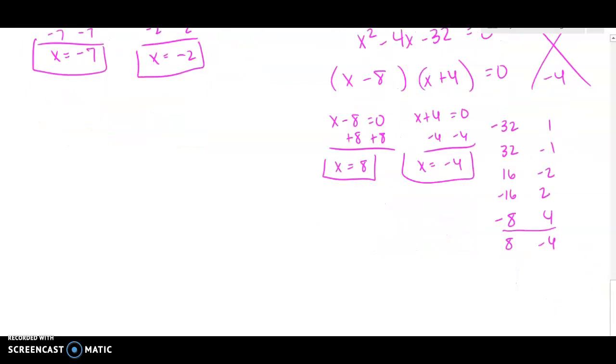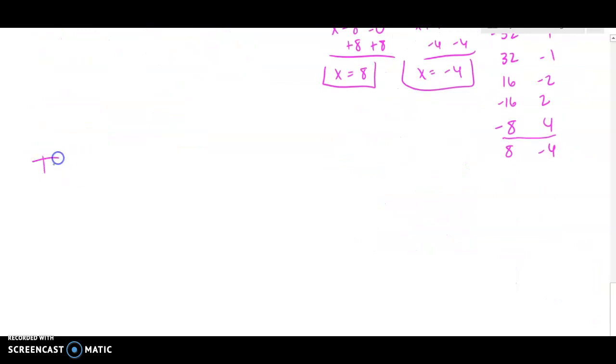All right. I'd like you to try two problems with the same directions, the factor and solve. So the first one is going to be x squared equals, let's do 169.